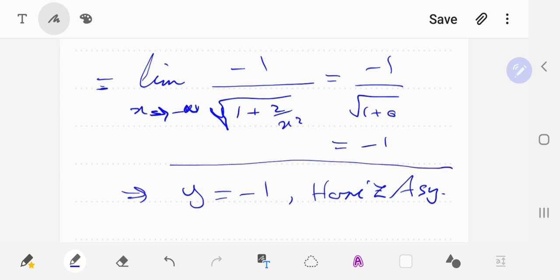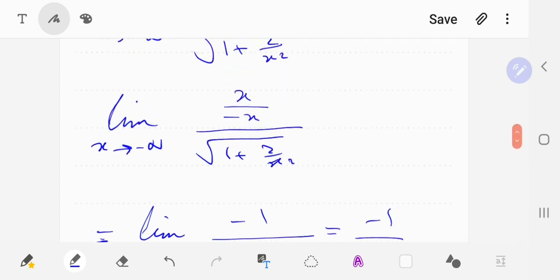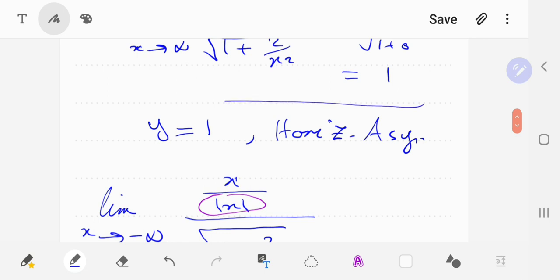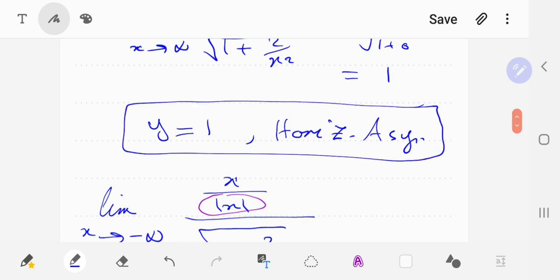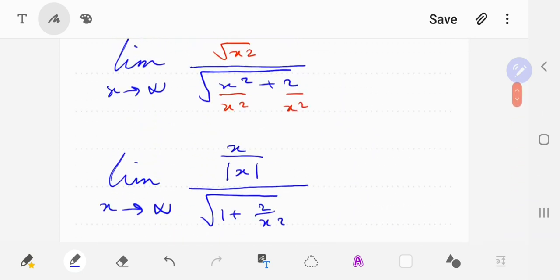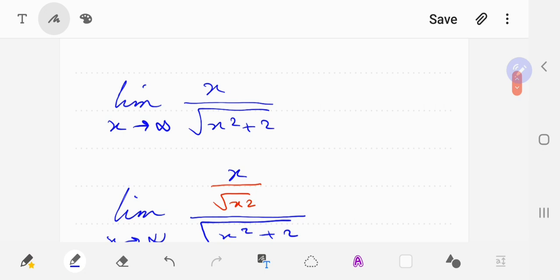That's why radical functions or square root functions are special about asymptotes, because they will have two horizontal asymptotes, like in this example, y equals 1 and y equals negative 1. Now, does that contradict what we said before about the coefficients of x with highest power?